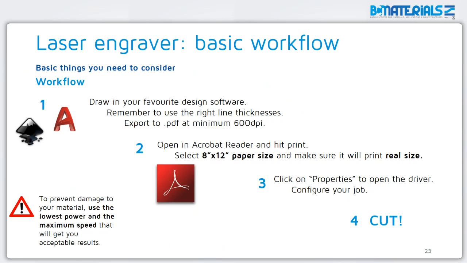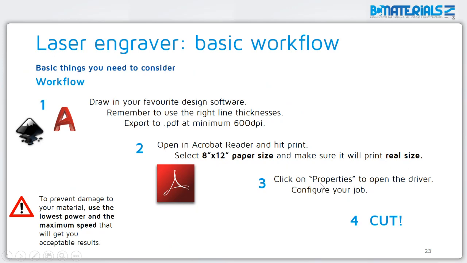If you want to work at 1200 dots per inch, then the resolution should be at least 1200 dots per inch, or use a vector PDF. Then once you have that, you open the file in Acrobat Reader and hit print. You can select this paper size. This is actually something Edu found, so thank you, Edu. You can select a paper size of 8 by 12 inches, and then make sure that whatever you print is printed in real size.